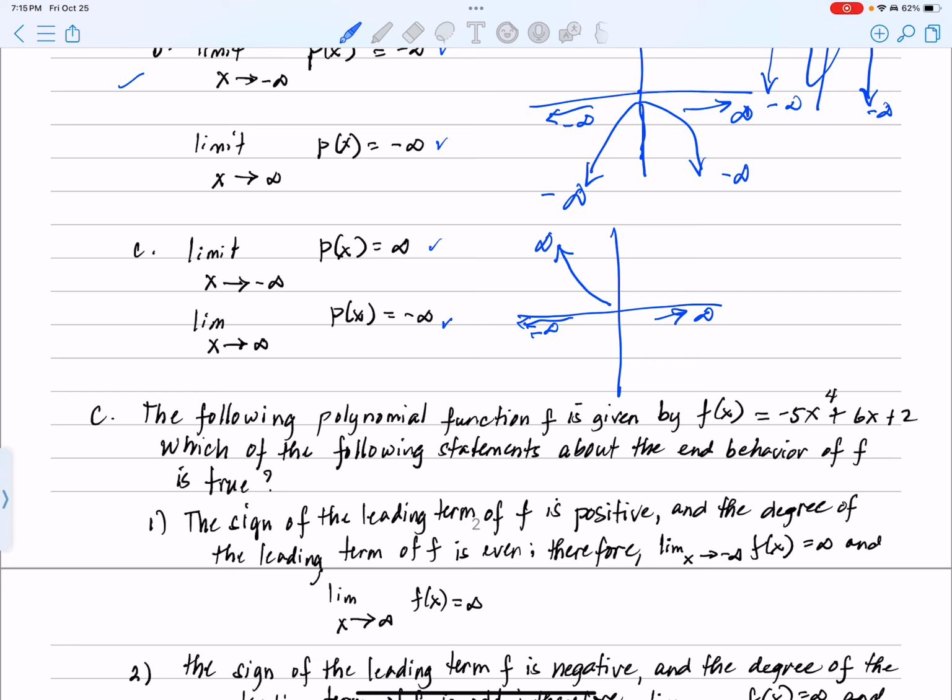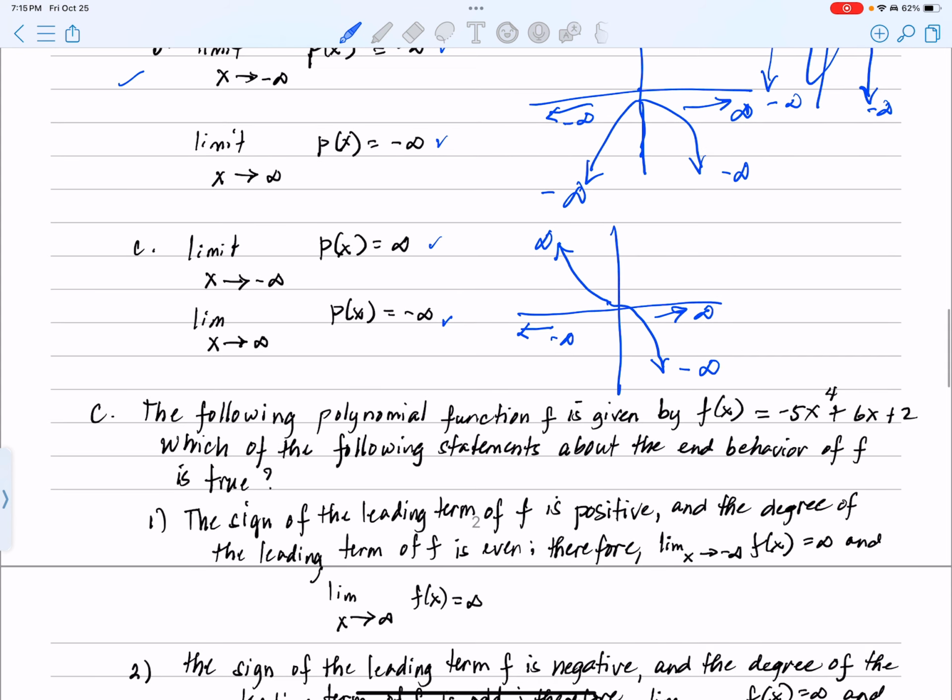While on the right, as it approaches positive infinity, it is negative, so it falls down. Right? That's it. As simple as that. You don't get lost.